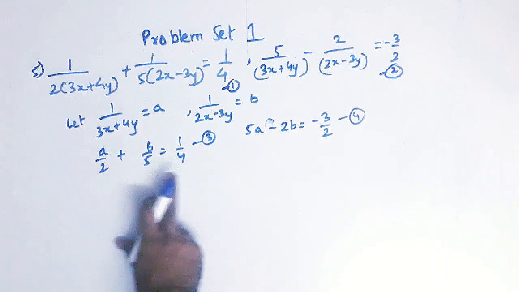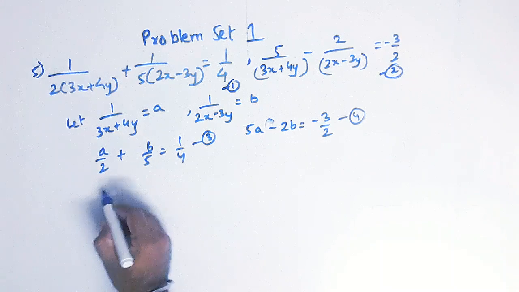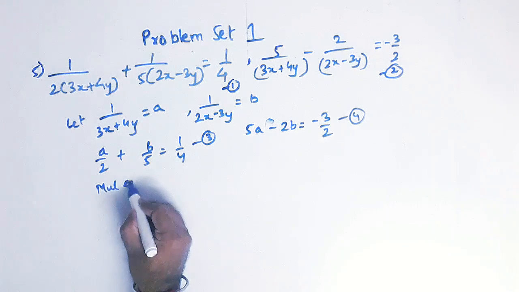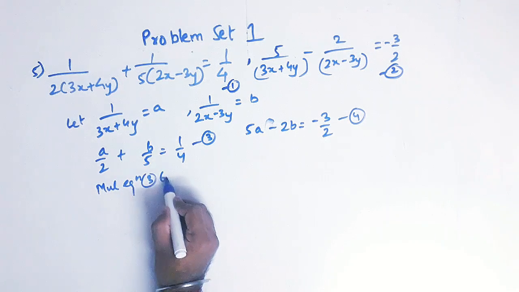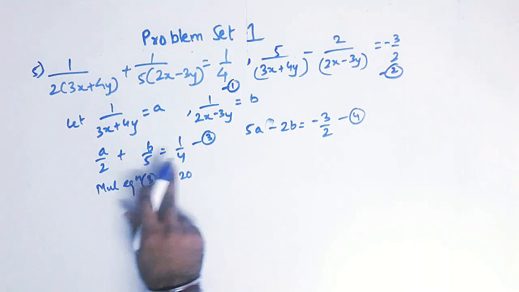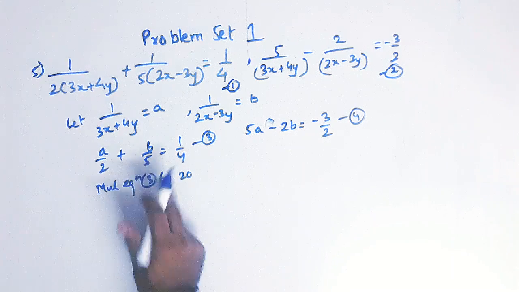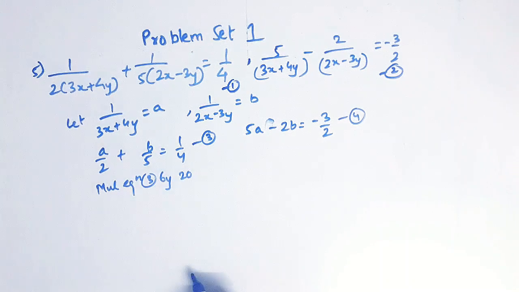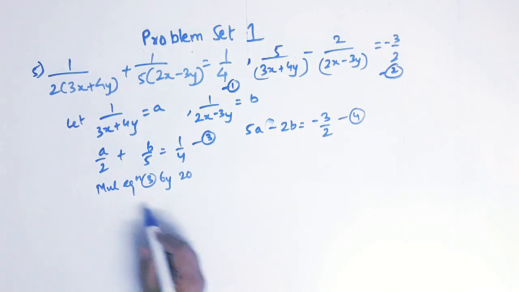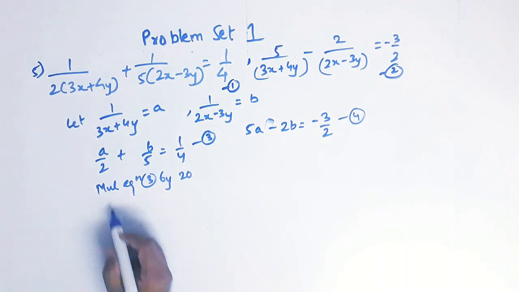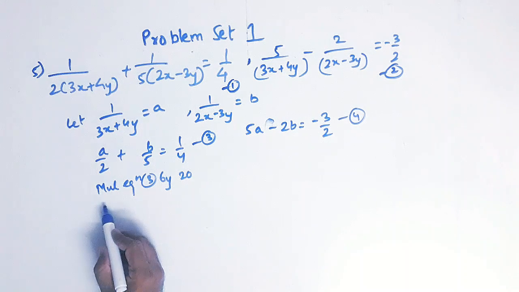Now we don't want all the denominators here, so what will I do? Multiplying equation 3 by the LCM of 4 and 5, which is 20.